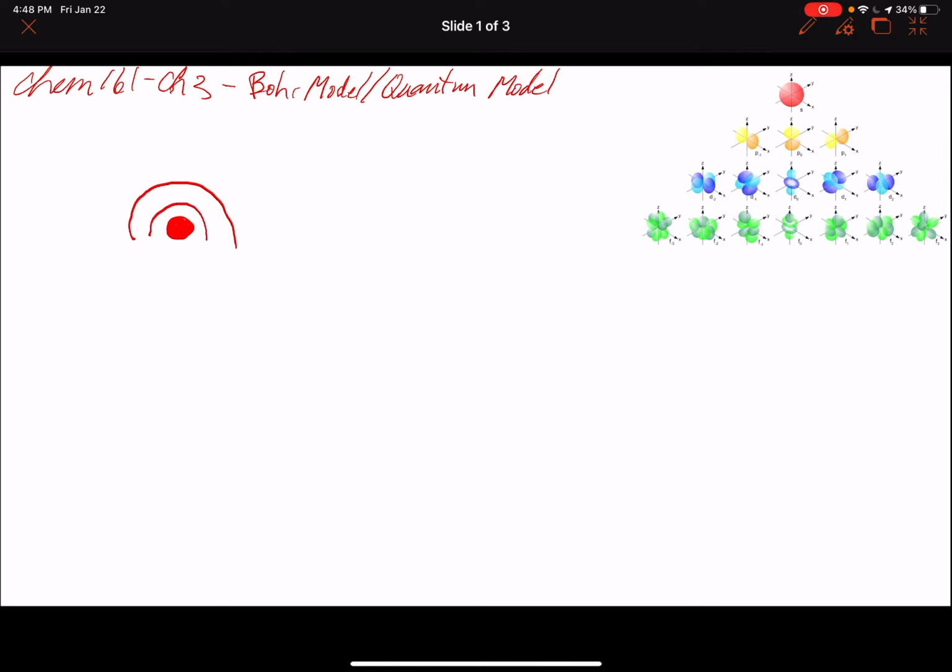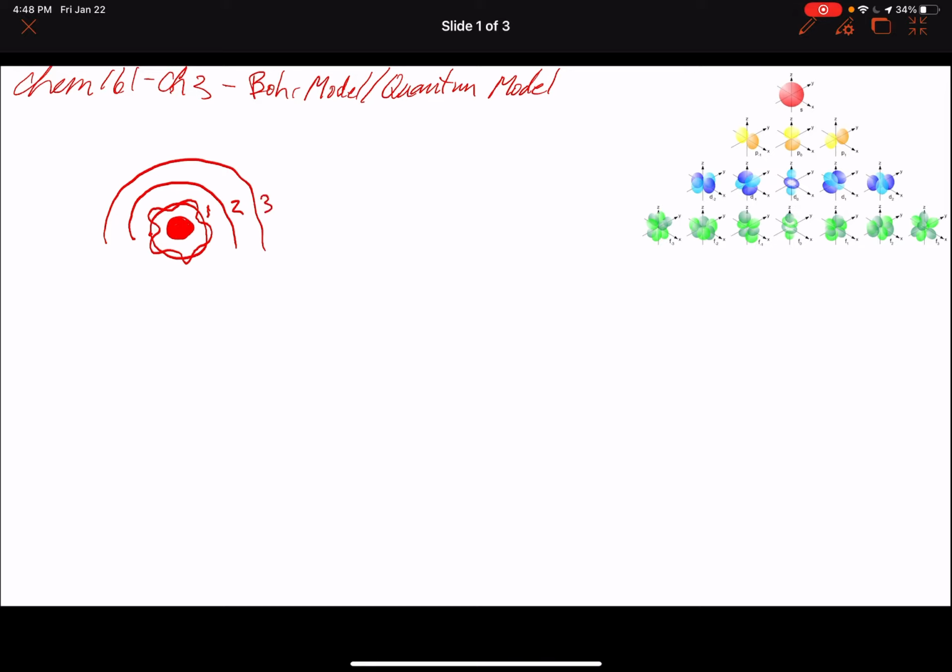In other words, only a certain circumference or a certain radius was allowed for this orbit, because a wave had to fit perfectly onto this orbit to allow that wave to be what we call standing. So the beginning and the end of it link up, like we just saw in my wave-like drawing around that circle. The nearest orbit that would be allowed would be the first orbit. The next one that would be allowed would be the second, and then we would have the third.